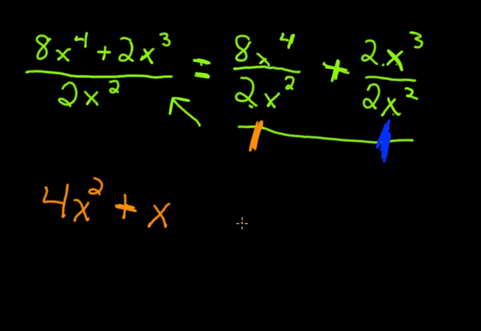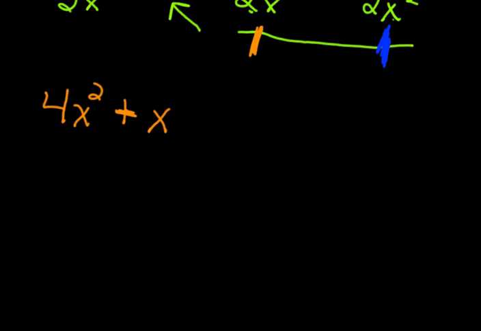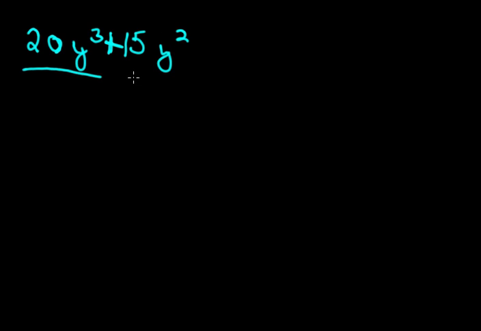The other way people look at this is they kind of do the same process. I'm going to do a different example in a different way, which is 20y cubed plus 15y squared divided by 5y.